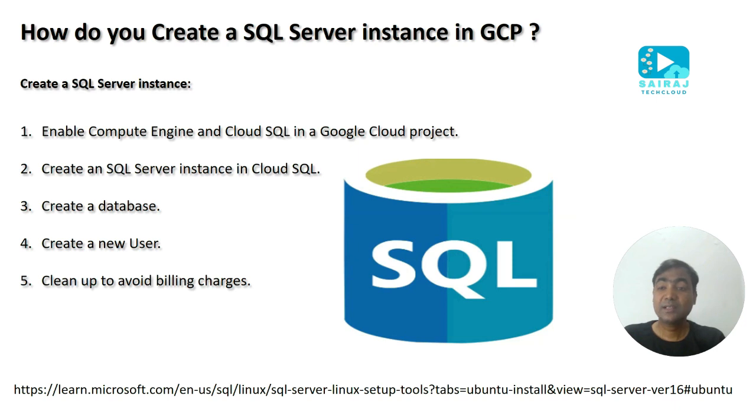Then create a SQL Server instance in Cloud SQL, create a database, create a new user, and at the end of the lab, you can avoid billing charges for GCP. You can delete your database instance in the Google Cloud Platform portal.